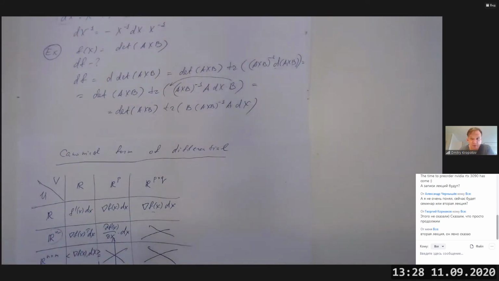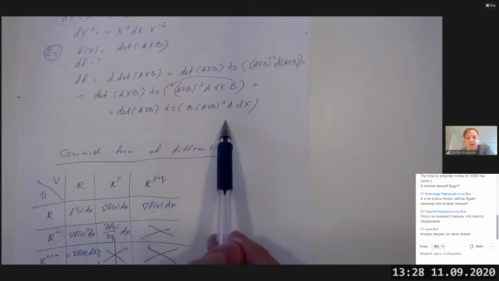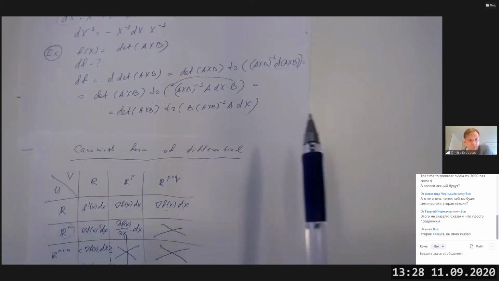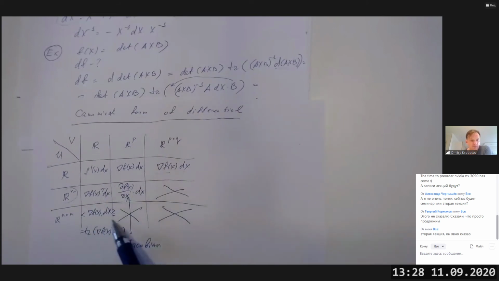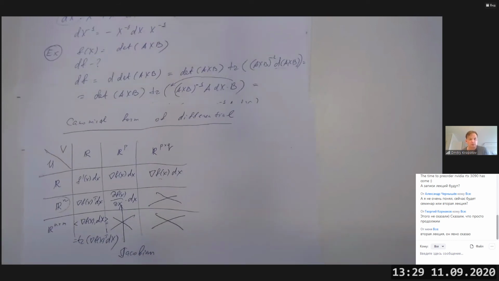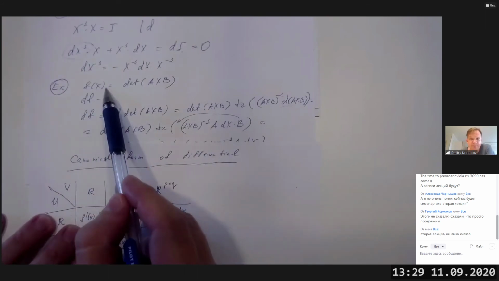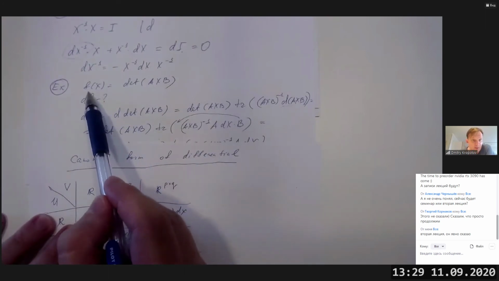The only thing we need to do is to convert the expression for our differential into canonical form, to the form like this, and from this canonical form extract the expression for derivative. So this is the case when we have matrix input and real output.